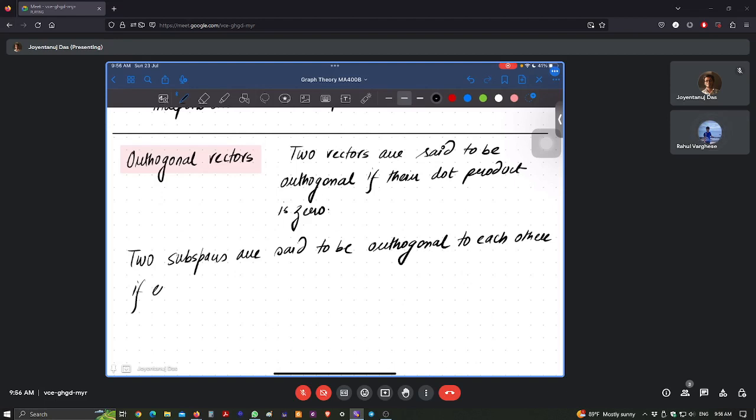So if every vector in one is orthogonal to every other vector in the other.